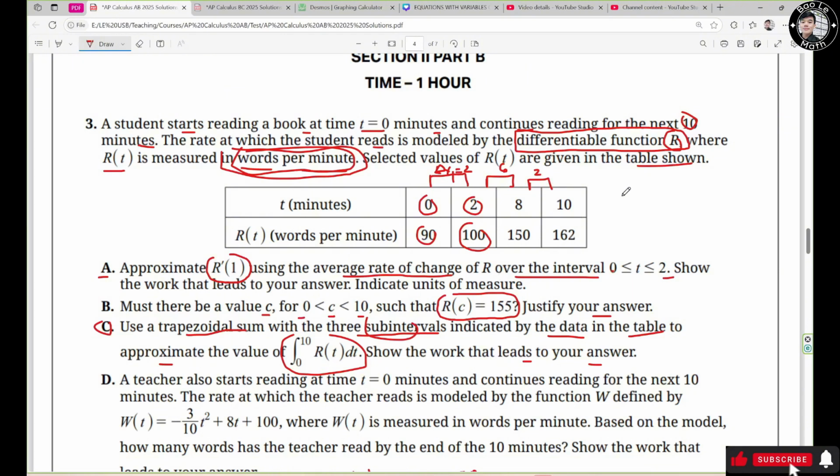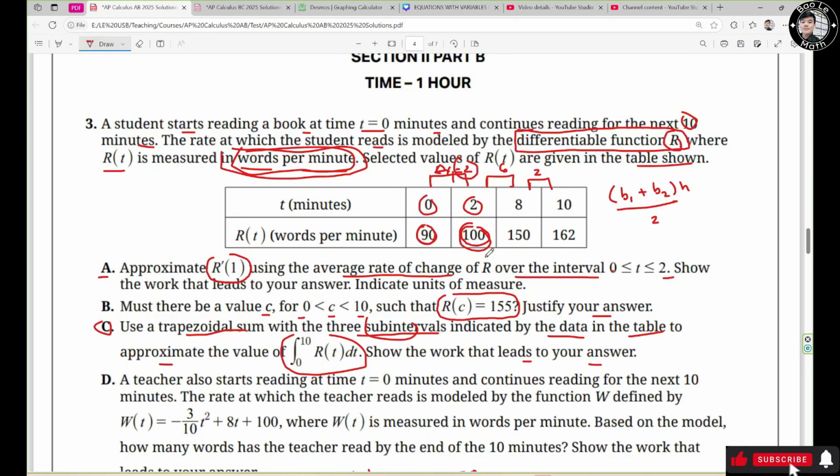Remember that the trapezoid area formula is given by base 1 plus base 2 times the height divided by 2. Now, from 0 to 2, base 1 is 90, base 2 is 100, and the height is 2.